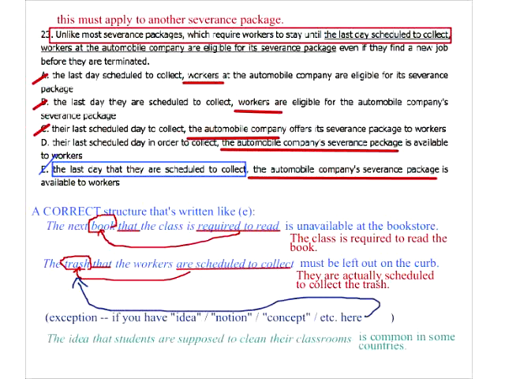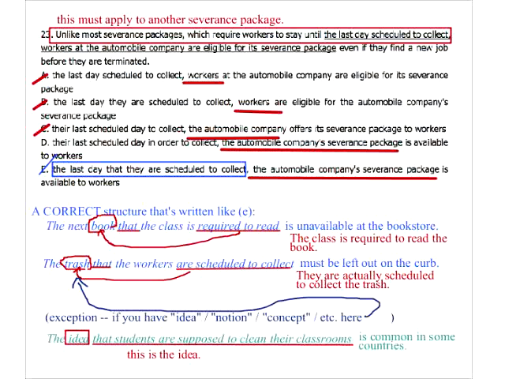If this word is idea or notion or something like that, then people are not cleaning an idea. This is different. If you have this kind of word, like an idea or a notion or a concept, then this is the idea.